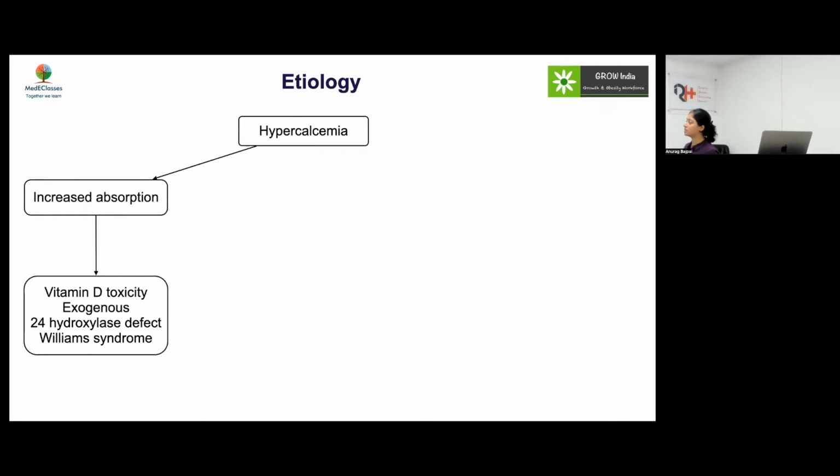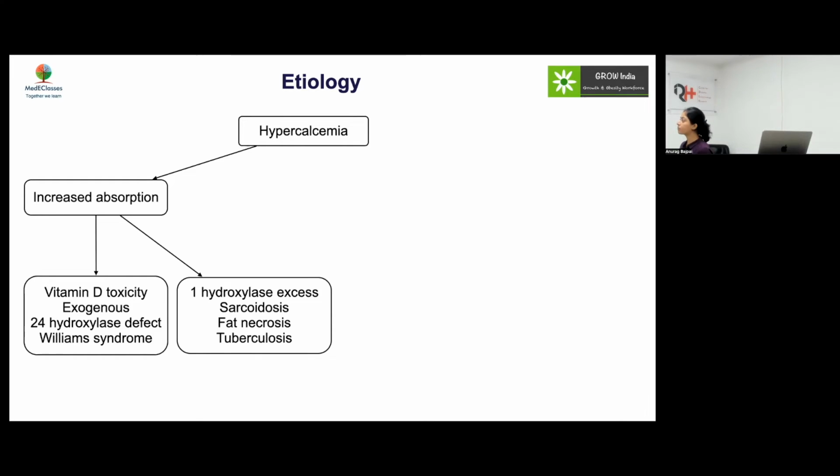Another important cause in the neonatal period is Williams syndrome, which has both these defects: a 24-hydroxylase defect as well as increased 1-alpha-hydroxylase activity, resulting in vitamin D toxicity. 1-alpha-hydroxylase excess is also seen in granulomatous conditions like sarcoidosis, tuberculosis, and may be seen in neonates with fat necrosis, as we've already seen.